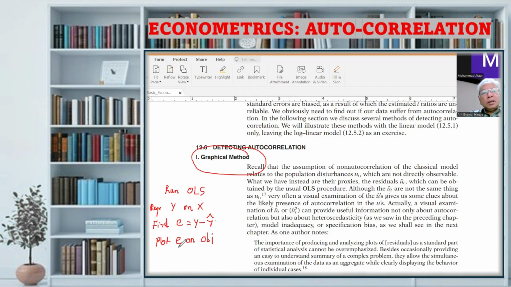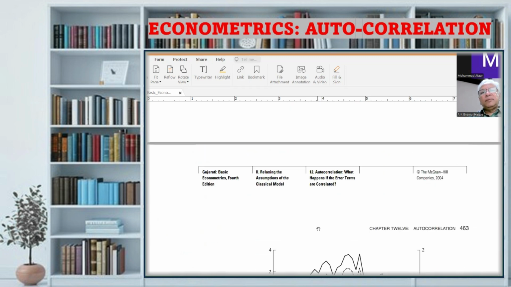If this is my observation, and if the pattern is like this, oh, I can see autocorrelation. So graphically, we can see autocorrelation in the model, just like we would see the same thing in heteroscedasticity. So that's the first method of testing autocorrelation.